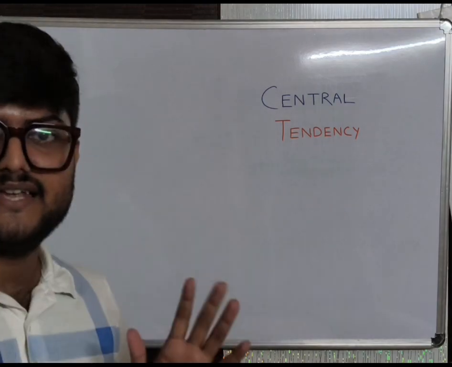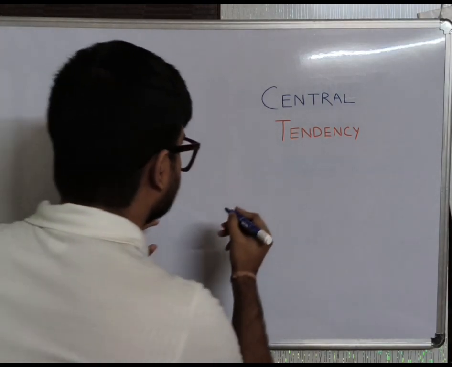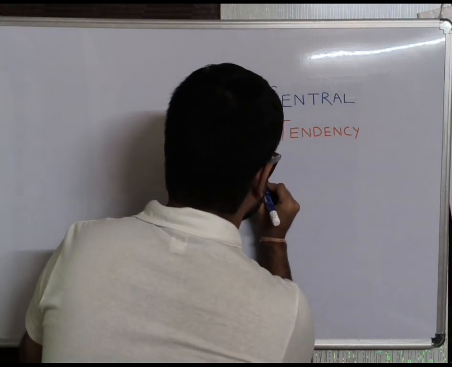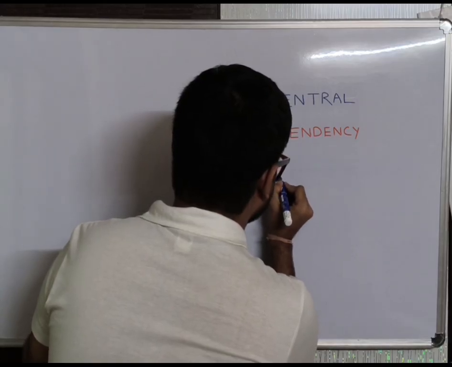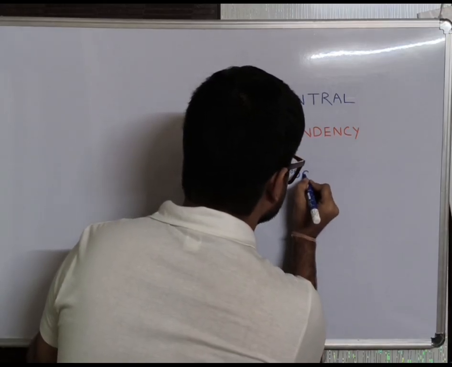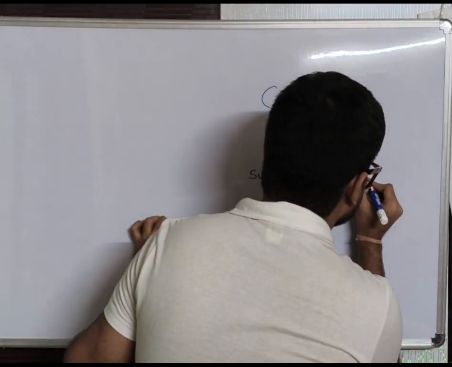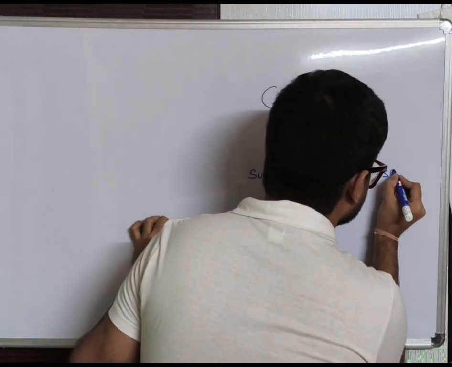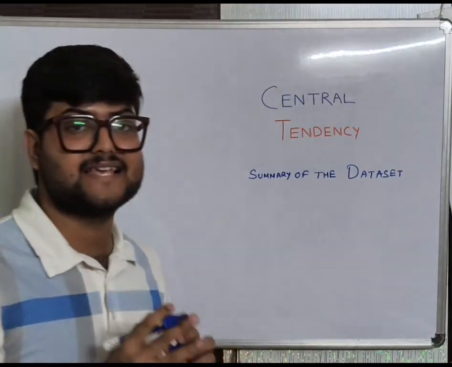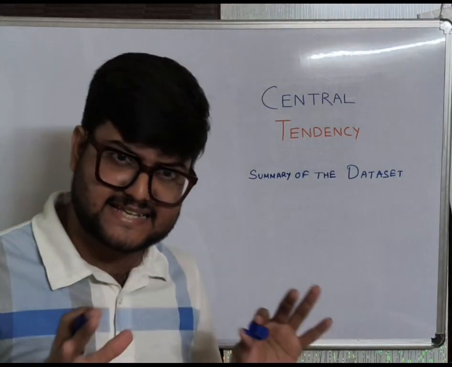So from the central tendency or the central value, we get the summary of the entire data set.